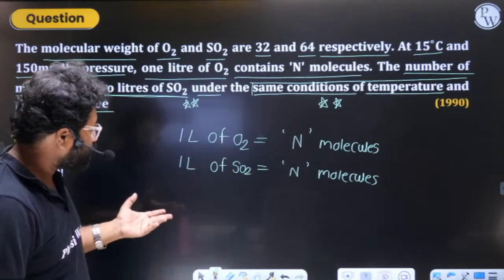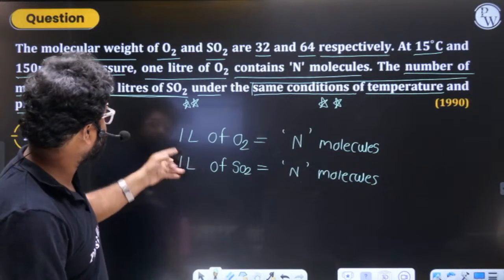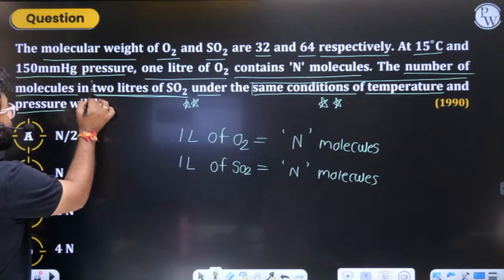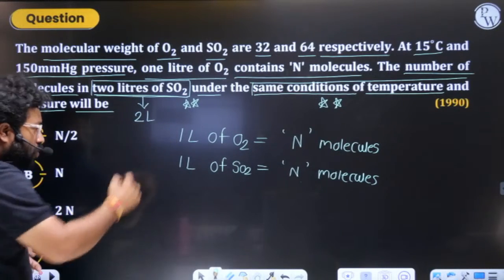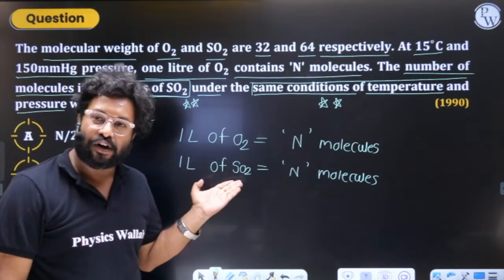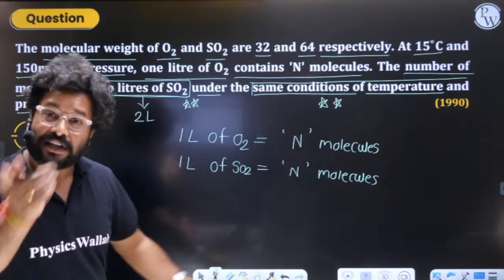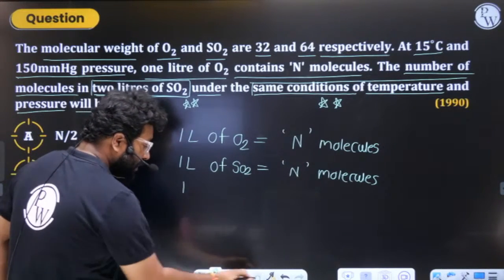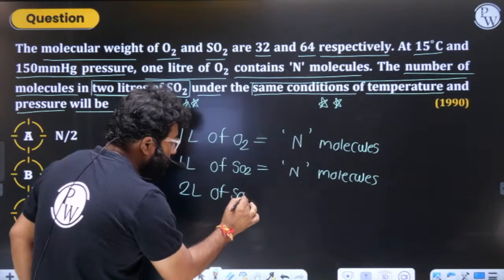But they have not asked us to take the 1 liter for SO2. They have asked us to take 2 liters of SO2. So under the same conditions where 1 liter of O2 contains n molecules, 1 liter of SO2 would contain n molecules. Then 2 liters of SO2 would contain how many molecules?